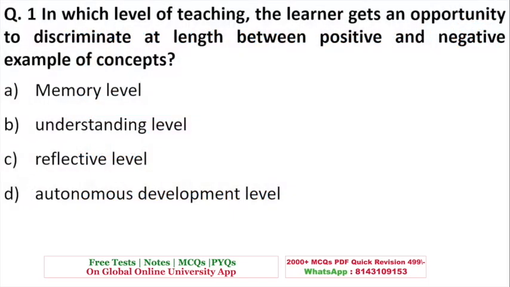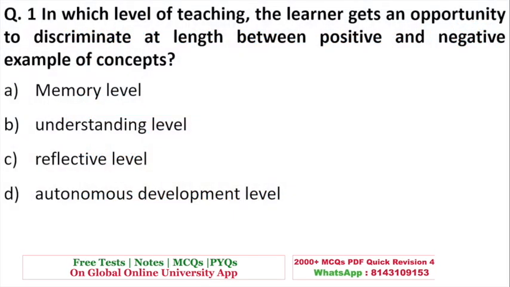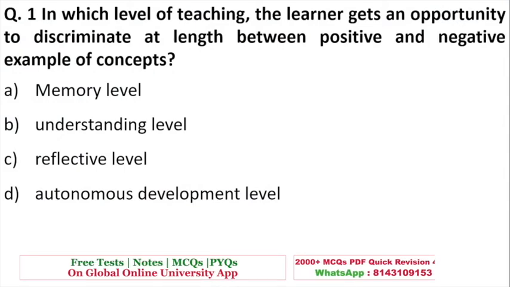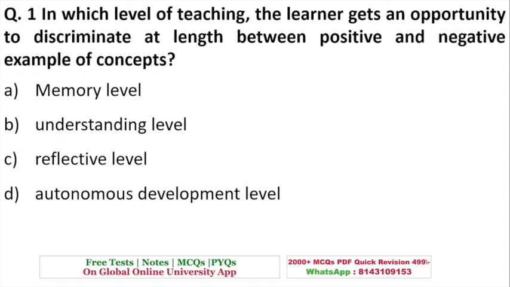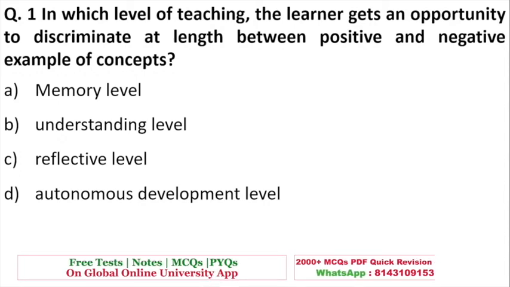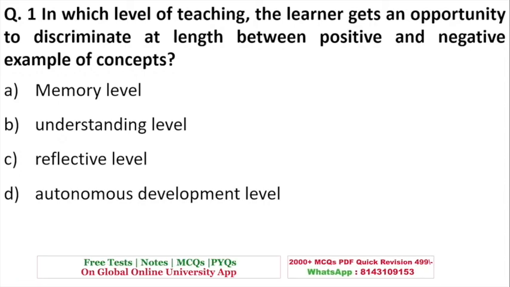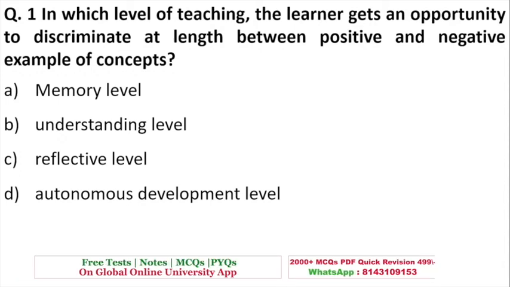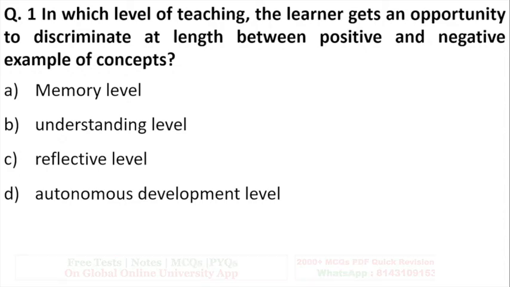So the first question for today is, in which level of teaching does the learner get an opportunity to discriminate at length between positive and negative examples of a concept? So, as you know, there are different levels of teaching. We have memory level, understanding level, and reflexive level.